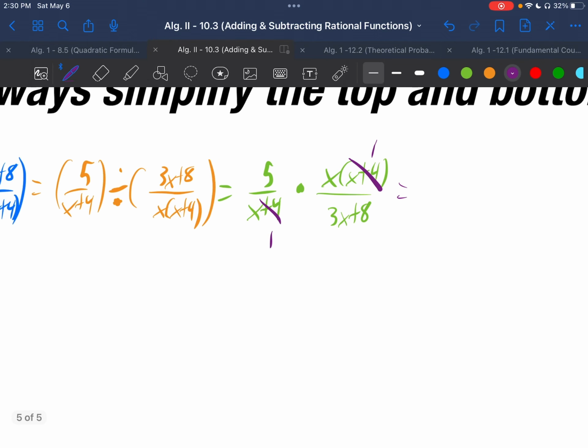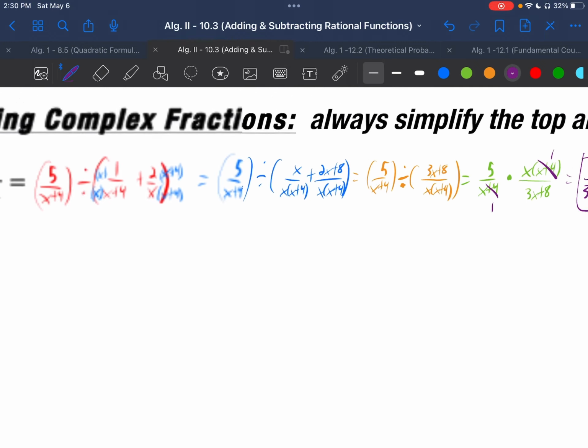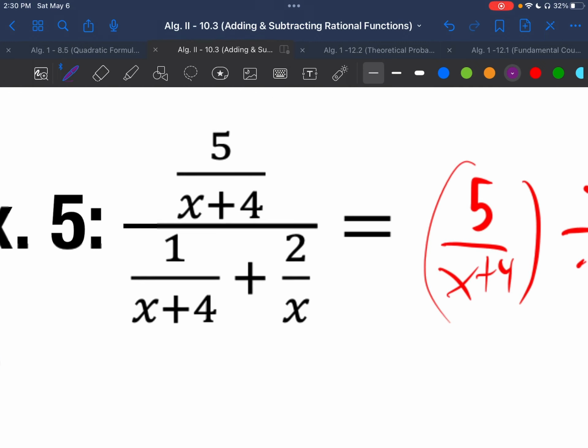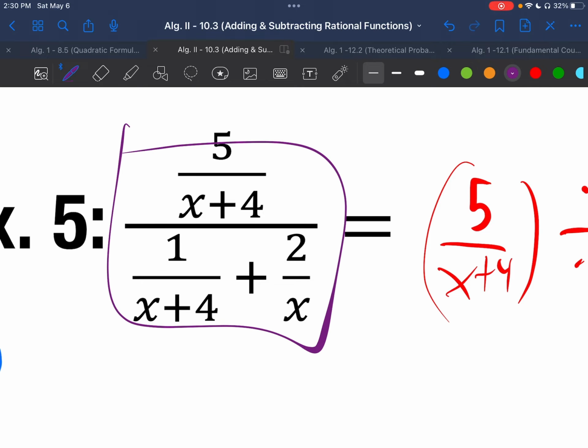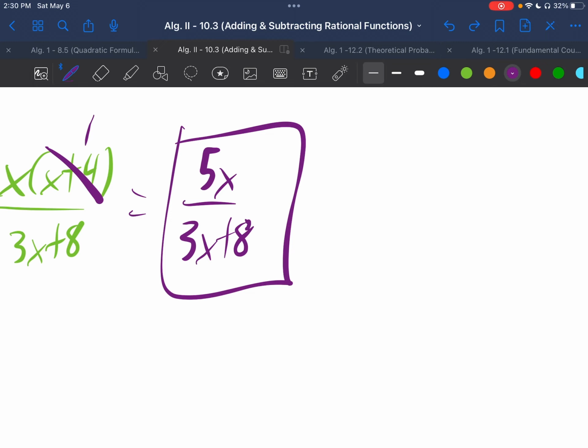Nothing else reduces, so we get 5x on top and 3x plus 8 on the bottom. So after all of what we started with, of this big fraction, it ends up just being this, which to me is very satisfying to see it eventually simplify down and condense to that.